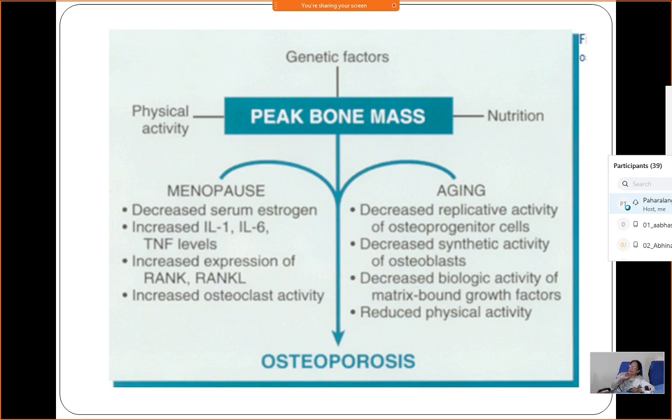RANK stands for receptor activator of nuclear factor kappa B. This receptor is present on the osteoclast and the ligand is present on the osteoblast. Now, the activity of RANK depends on the balance between RANK and RANK L. RANK activity actually causes increased osteoclastic activity, making the osteoclast cause the resorption.